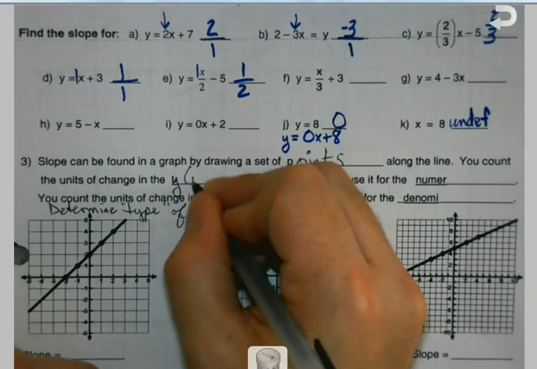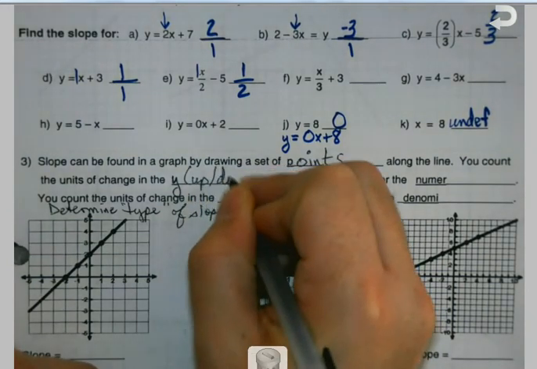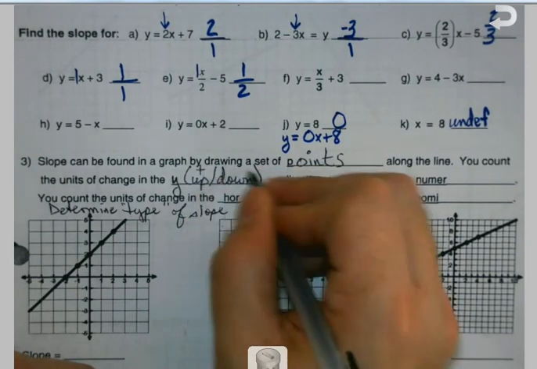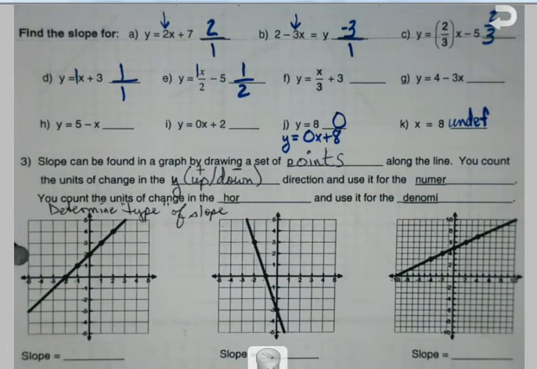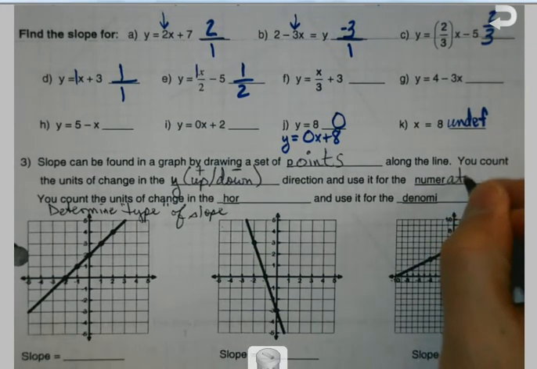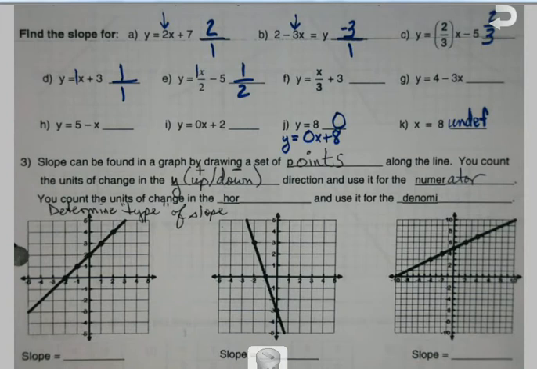And again, that's your up and down. Of course, if you go up, it's positive. If you go down, it's negative. And then we use that for, fancy mathematical terms, the numerator, the top of my fraction. Okay, so the y's are always going to be on top.